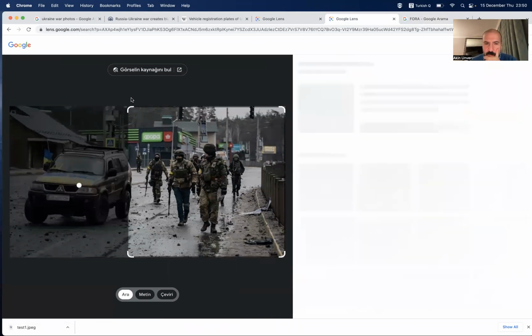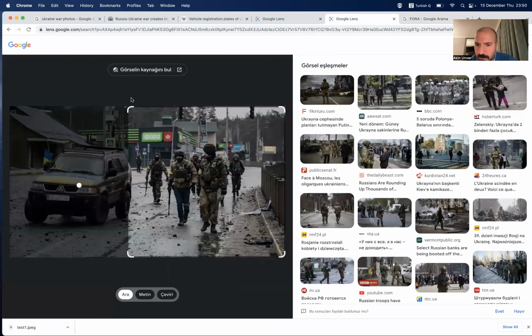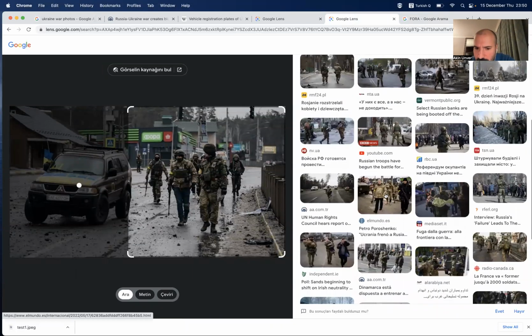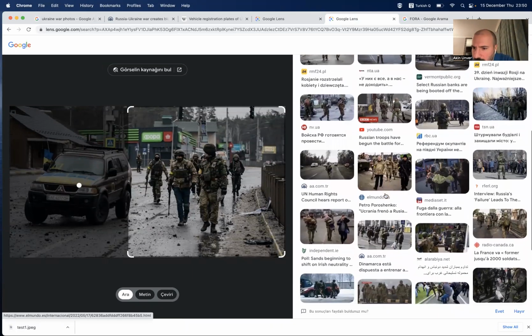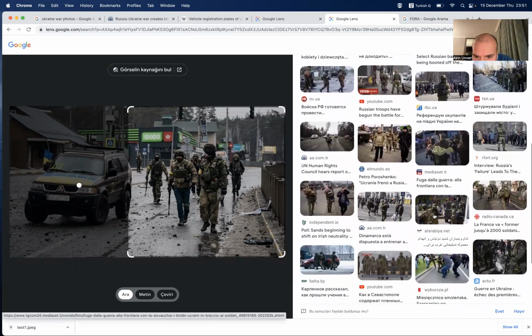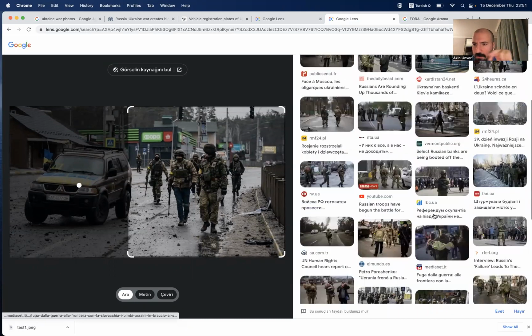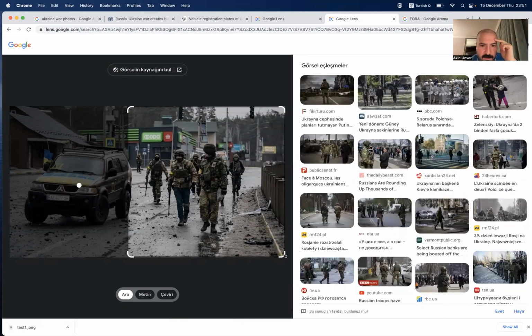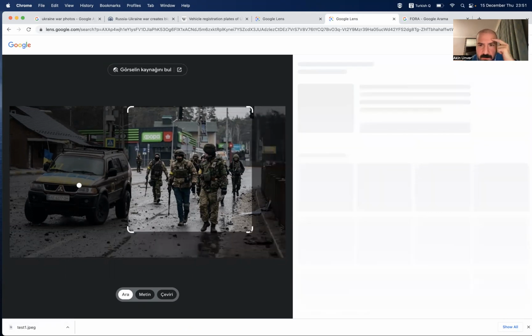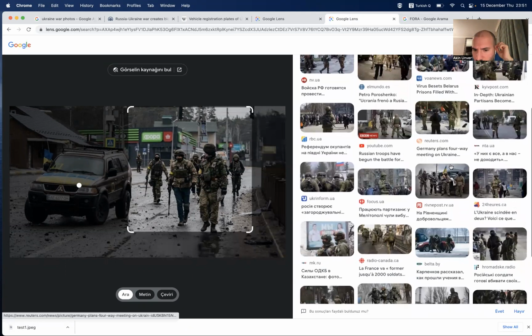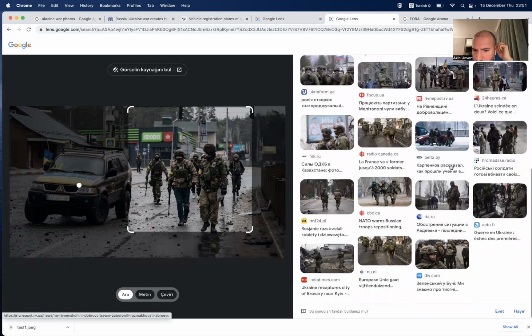I'm trying to use this image in multiple contexts by focusing on different places. I'm still trying to find the same thing, soldiers in the front and in the back, maybe the same supermarket chain somewhere around here.